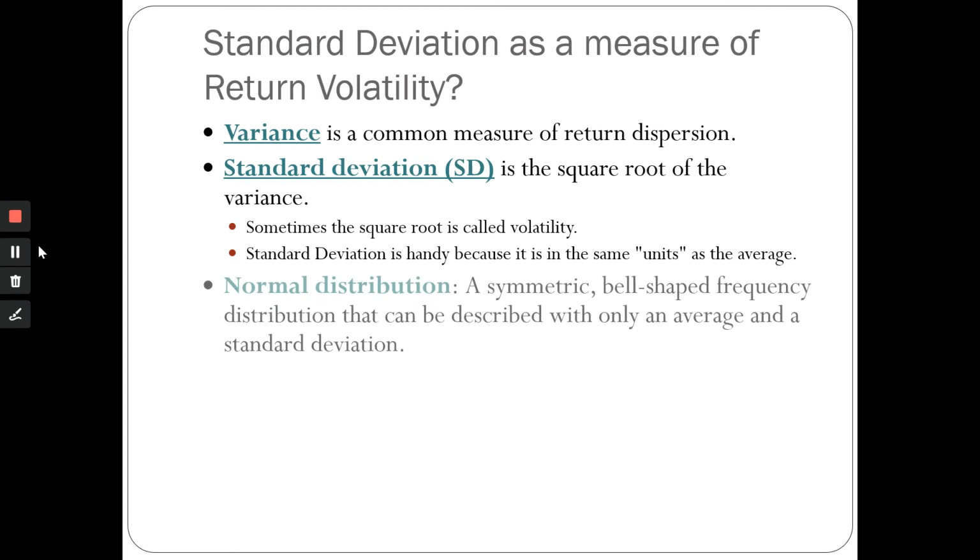It is assumed that stock returns are normally distributed, with a symmetric bell-shaped curve. And the property of the normal distribution is that if we know the mean or average along with the standard deviation, we can reconstruct any bell-shaped normally distributed curve.